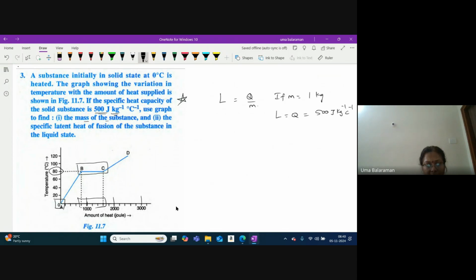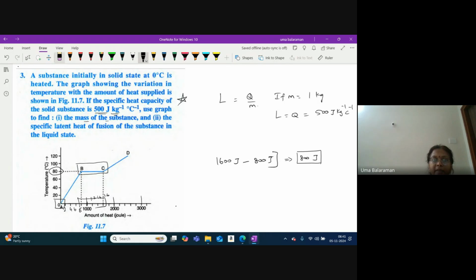So I can say 200, 400, 600, 800, then 1.2, 1.4, 1.6. 1600 joules minus 800 joules is used to melt. So 800 joules is used to melt the substance.